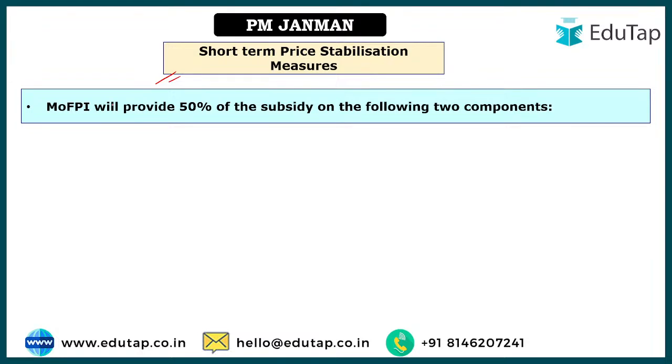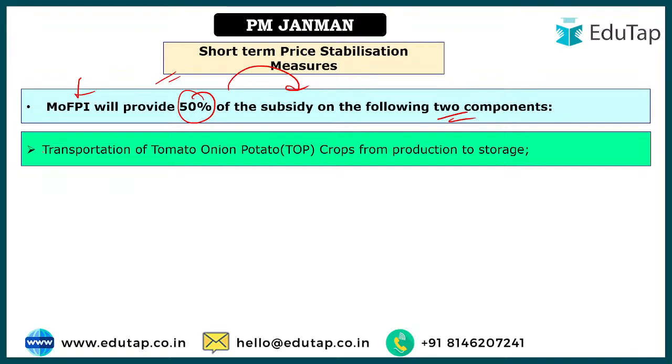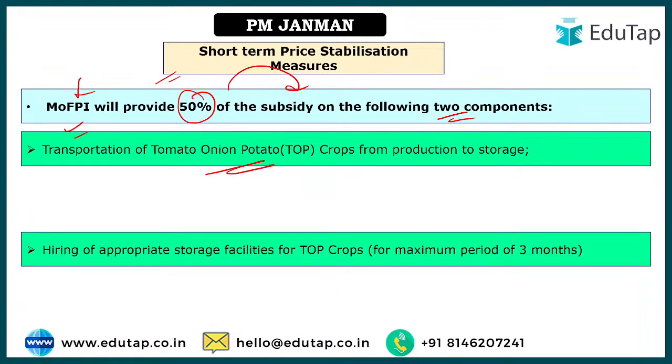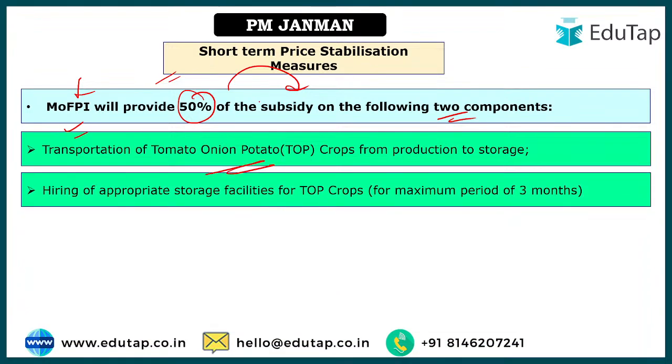So for that the ministry is providing how much? 50% of the subsidy on the components. What are the components? First, on the transportation, please keep in mind it says top, but of course it is talking about the other perishable crops also. So whatever be the money that will be required for transportation purpose or for the storage facility of that, whatever money will be spent, 50% will be subsidized by government.